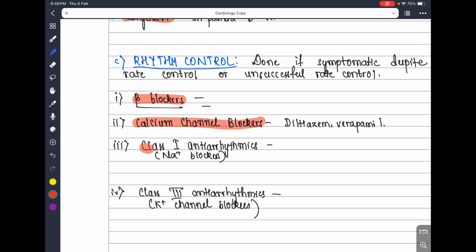Then you can use class 1 antiarrhythmics. They are sodium blockers. Which are they? Do you remember? 1A is disopyramide. Then you can use 1C: flecainide and propafenone.